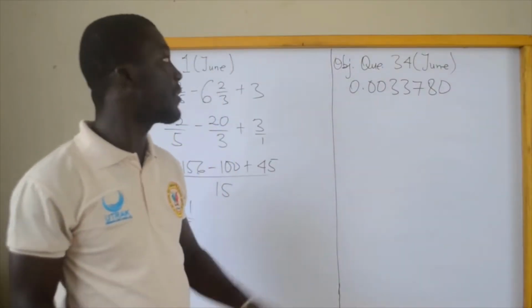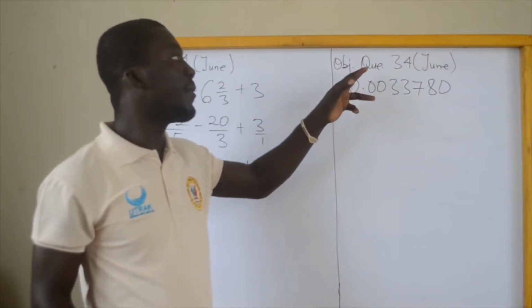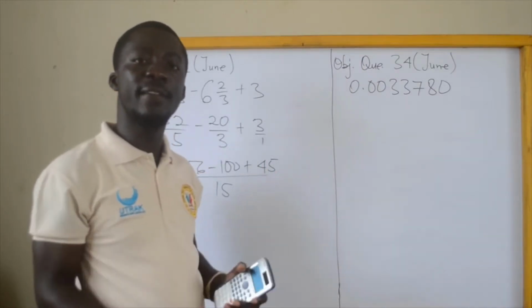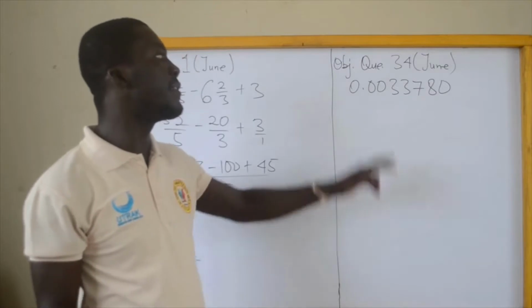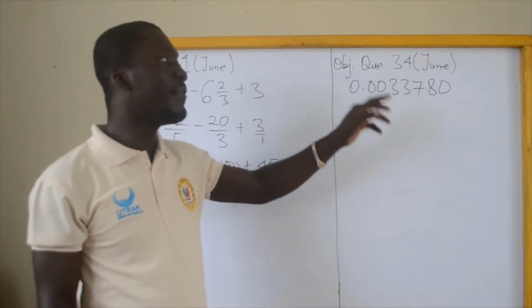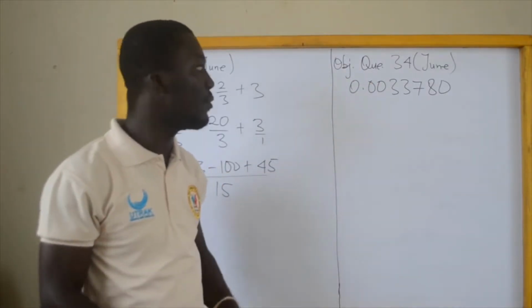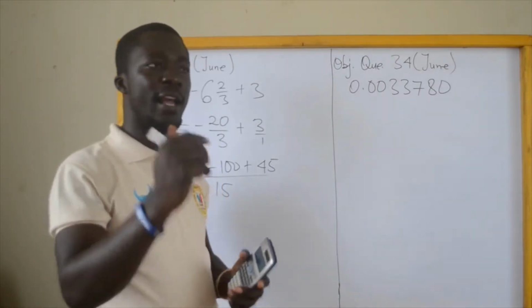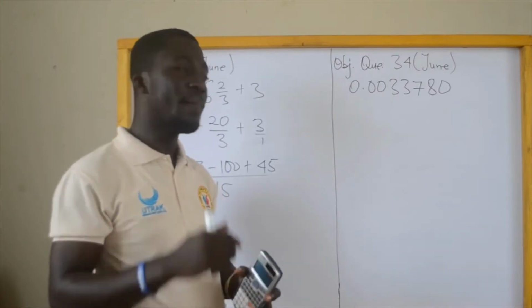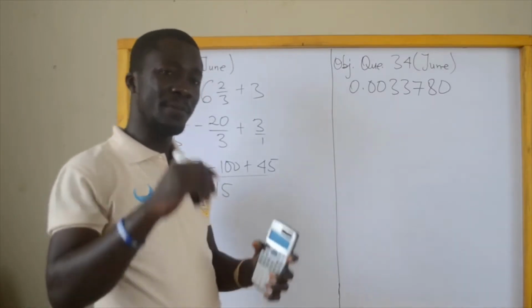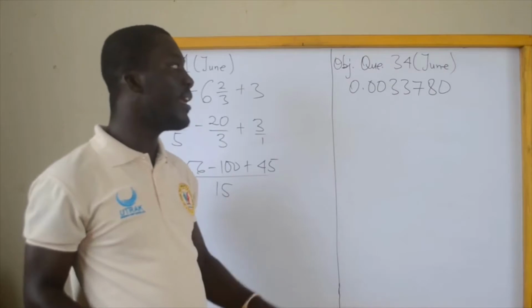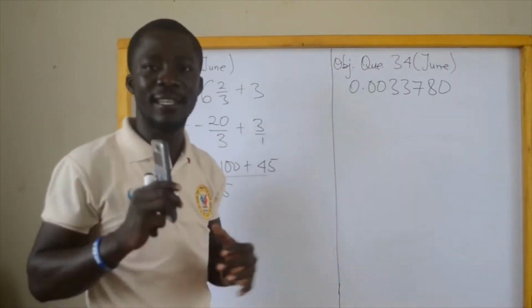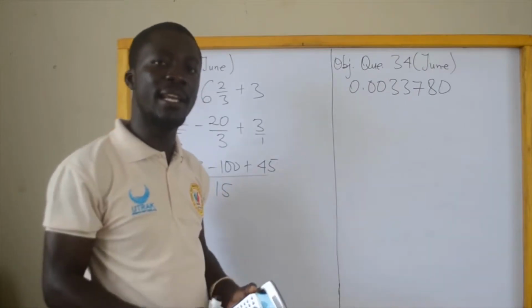On to objective question 34, which came in June. The question is saying that we should approximate 0.0033780 to 3 significant figures. The rule of significant figures that we are going to use states that only trailing zeros of a decimal are significant. I'm repeating it again.